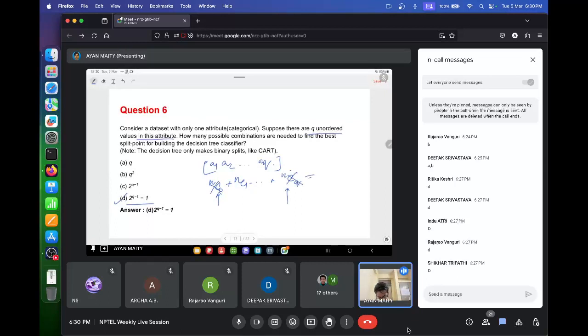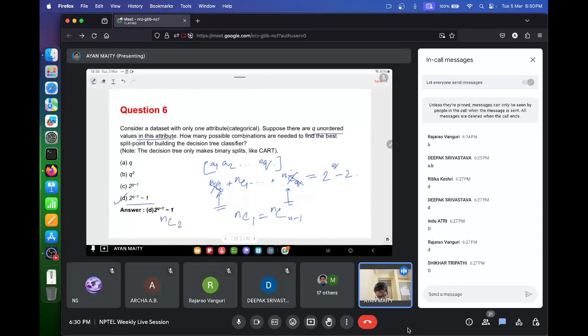So the sum of these combinations would be 2 to the power q. This comes from the binomial theorem. And if we remove NC0 and NCq, this becomes 2 to the power q minus 2. And then you have to check that NC1 is the same as NC(n minus 1).